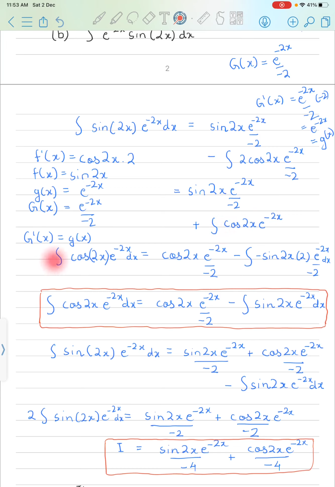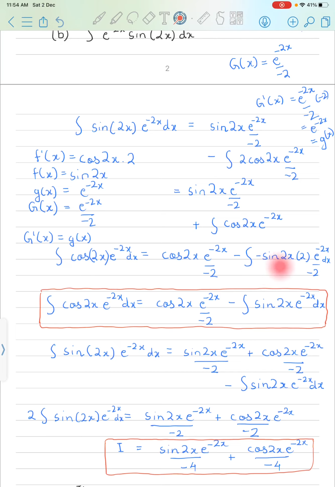So I have written it down here, and if you integrate it again, you take small f(x) as cos 2x and small g(x) as e to the power minus 2x in this case, and you will get cos 2x into e to the power minus 2x by minus 2. Okay, so now again minus the integration of f dash x.